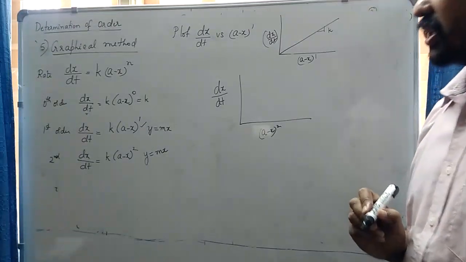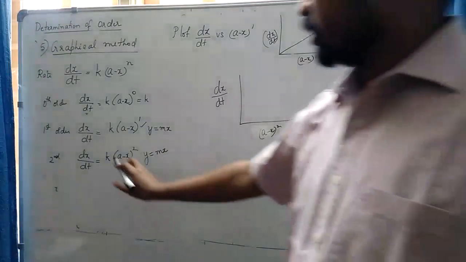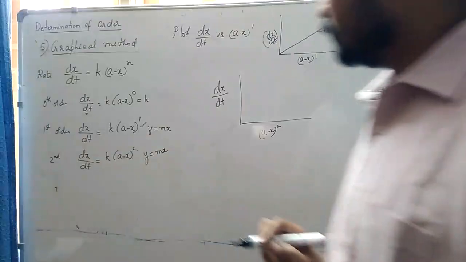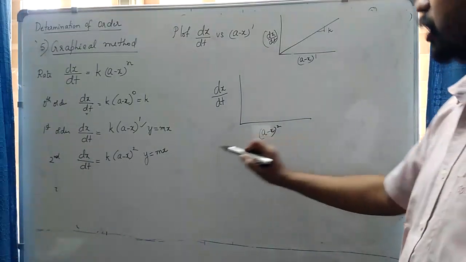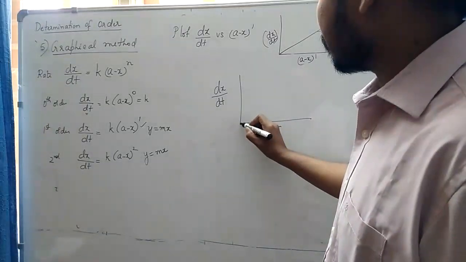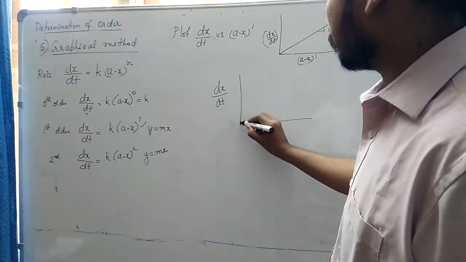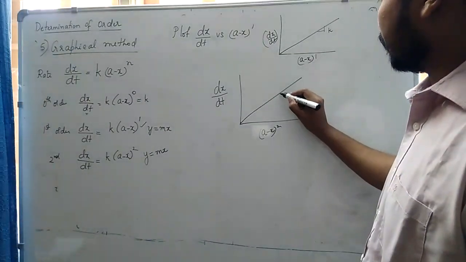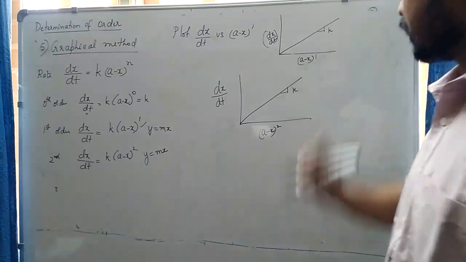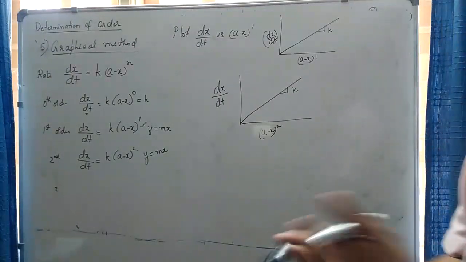If the reaction follows second order, it should satisfy this equation, giving a result like y is equal to mx. So you should get a straight line passing through the origin, and the slope of the straight line gives the value of the rate constant k.